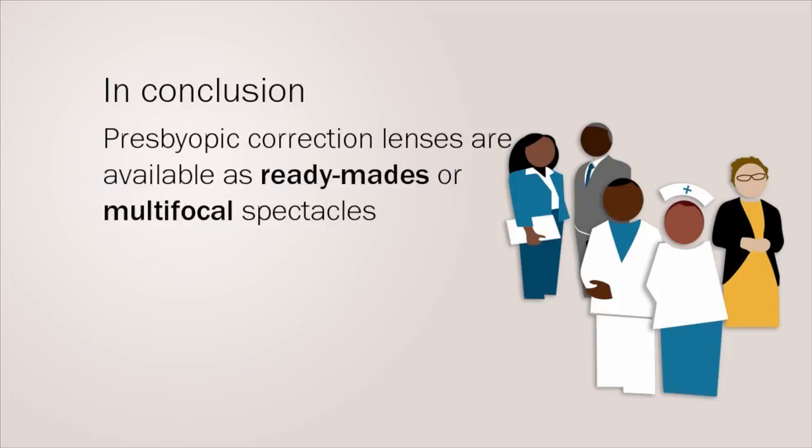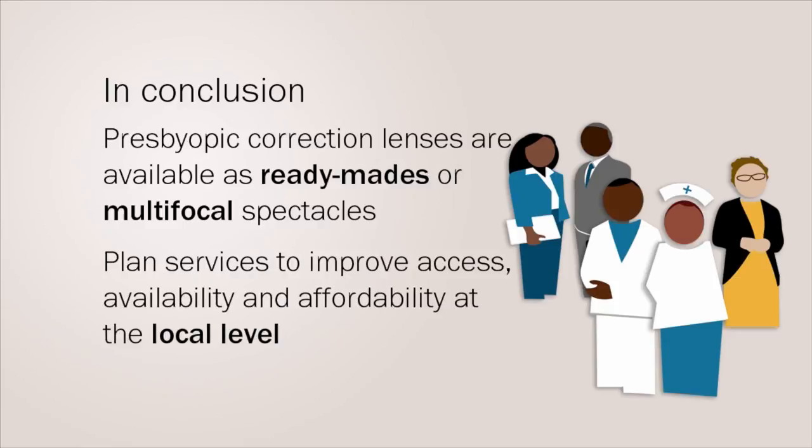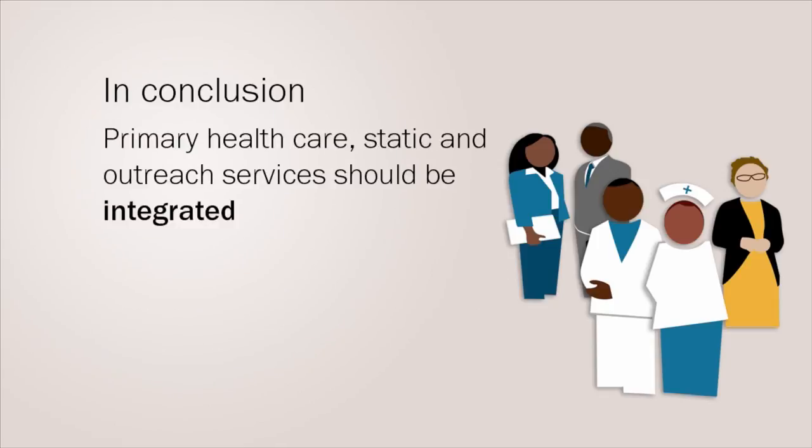Presbyopic correction lenses are available as ready-mades or as multifocal spectacles. Their use should be planned with local needs in mind. Services to improve access, availability and affordability of presbyopic correction should be planned at the local level. And finally, primary healthcare, static and outreach services should be integrated.